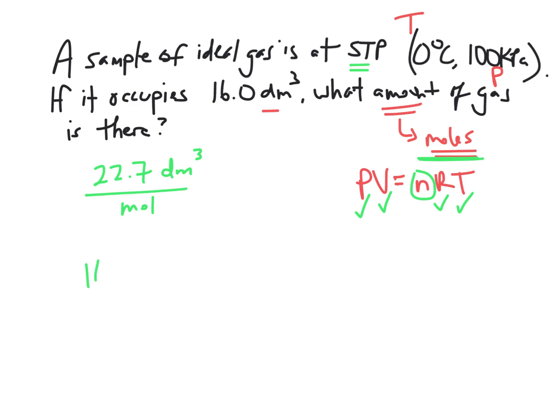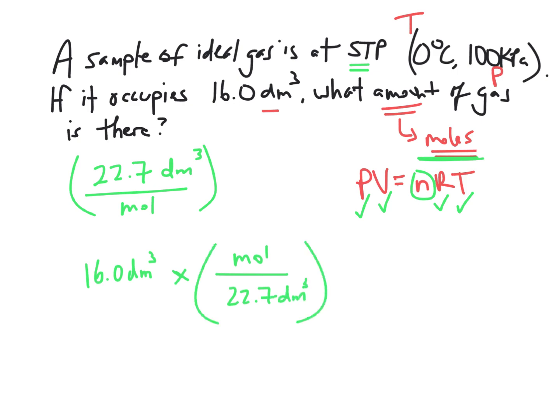We have the 16 cubic decimeters, and we're going to multiply that by the reciprocal of that constant. For every mole, it occupies 22.7 cubic decimeters. That'll make the cubic decimeter drop out and render our final answer in the unit of moles. If you go ahead and do that, it is 0.705 moles of gas.